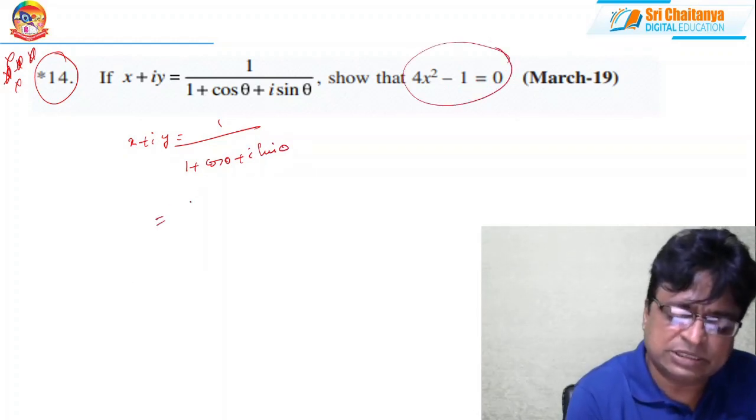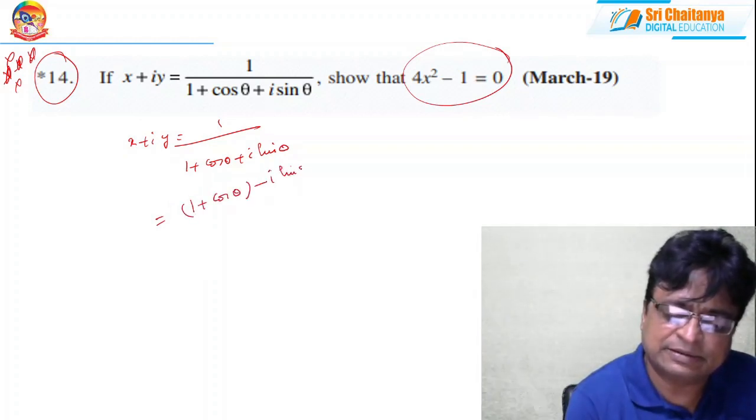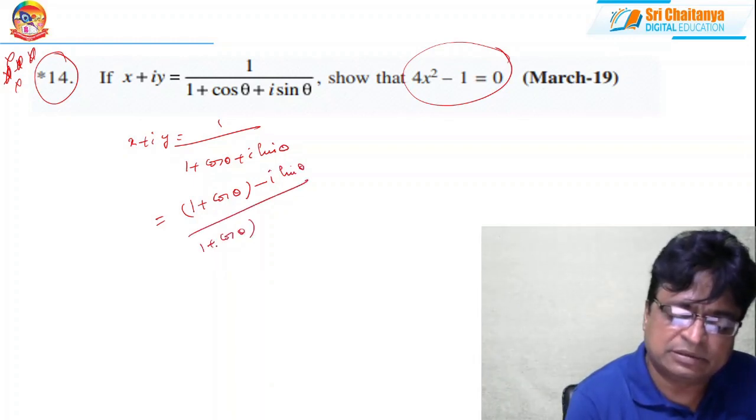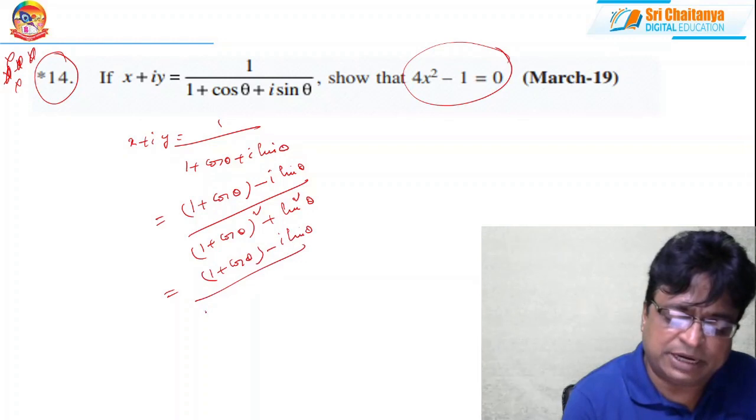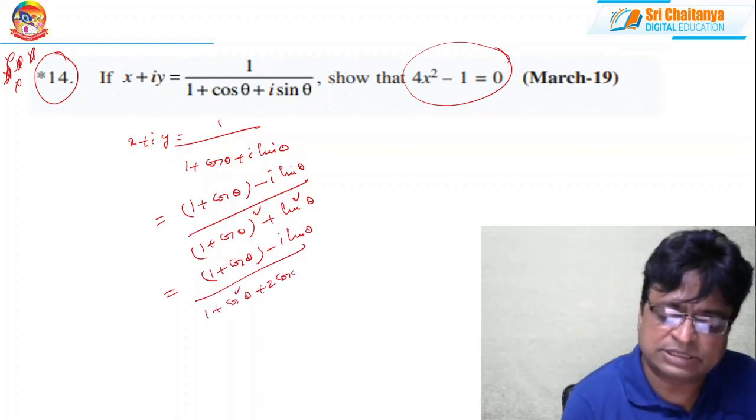What I am doing now is rationalizing. So (1 plus cos theta minus i sin theta) by (1 plus cos theta) whole square plus sin square theta. In the denominator, it becomes 1 plus cos square theta plus 2 cos theta plus sin square theta.